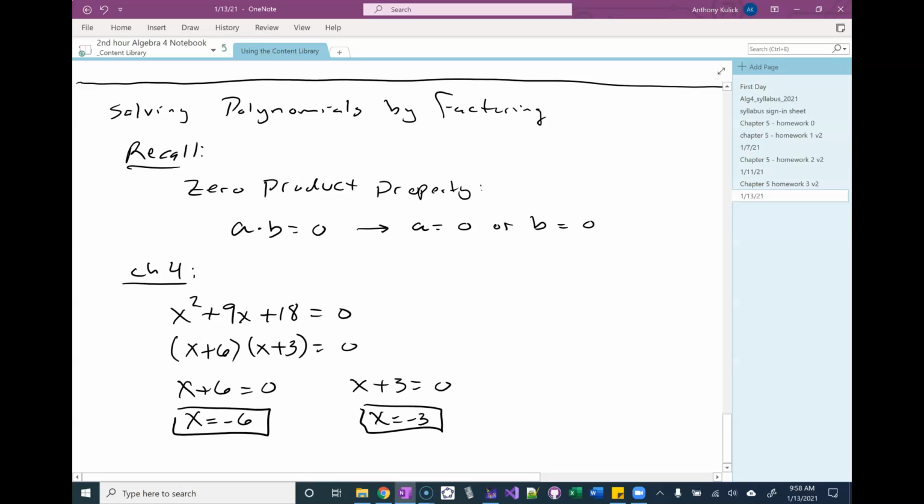Right? You guys remember doing that last semester, I hope? So this is the same idea that we're going to do now for polynomials. The hard part about this is going to be the factoring part. But once we have the polynomial factored, it's really not going to be appreciably different than a chapter 4 question.